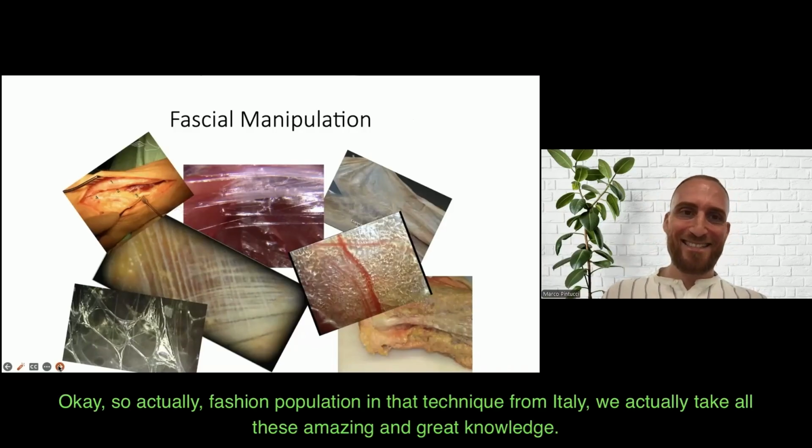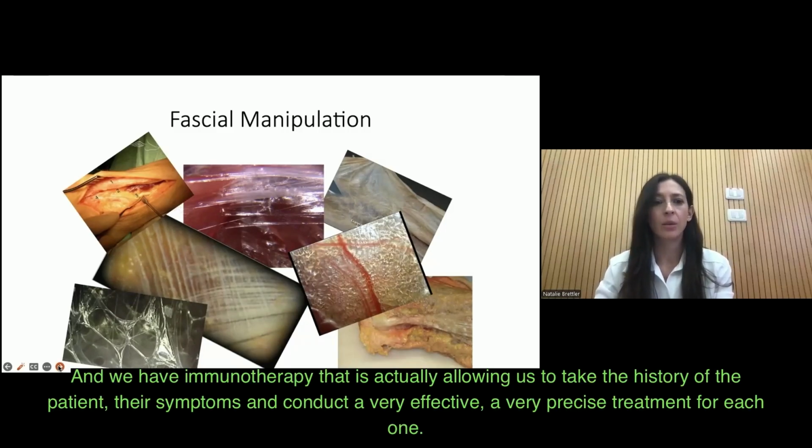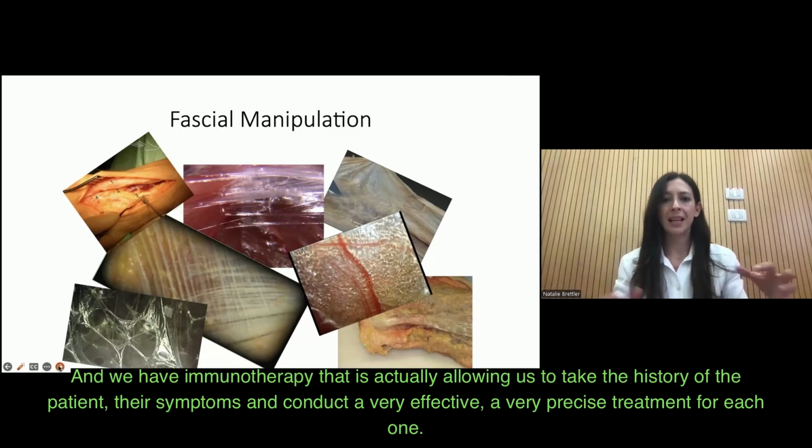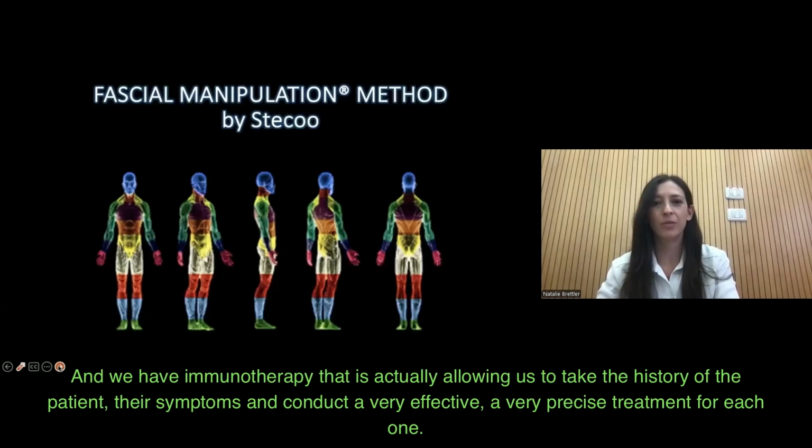Good flight. Okay, so actually fascial manipulation, that technique from Italy, we actually take all this amazing and great knowledge, and we have a manual therapy that is allowing us to take the history of the patient, their symptoms, and conduct a very effective, a very precise treatment for each one.